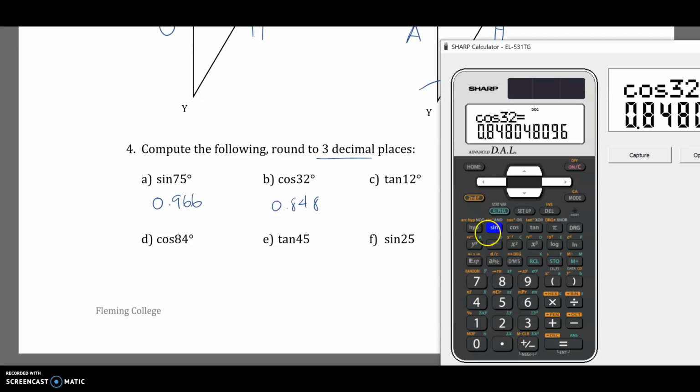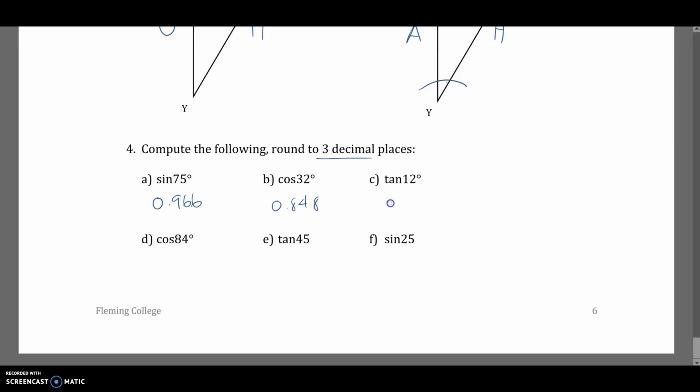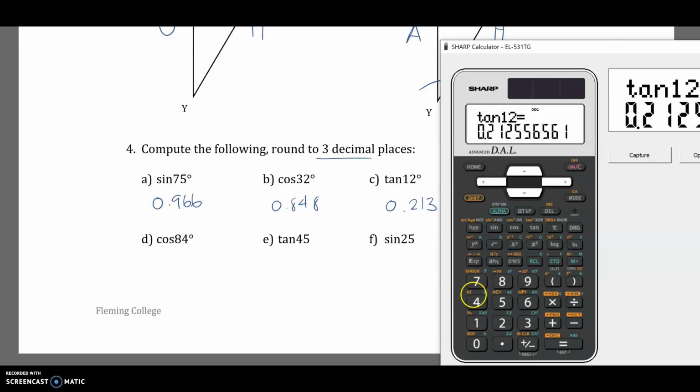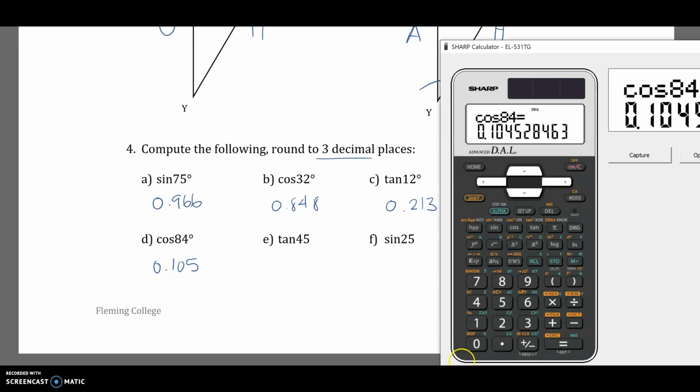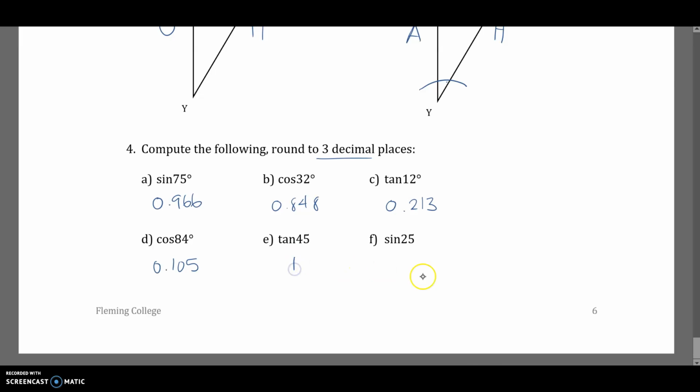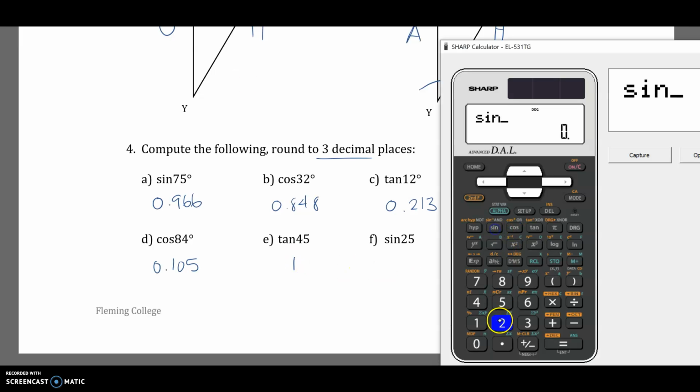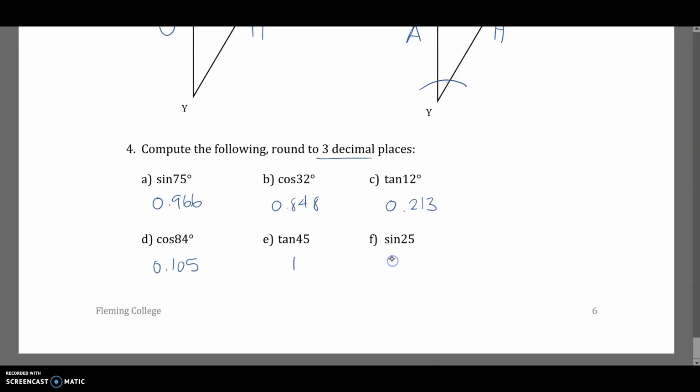Tan of 12 degrees is 0.213 when we round. Cos 84 is 0.105. Tan 45 is 1. And sine 25 is 0.423.